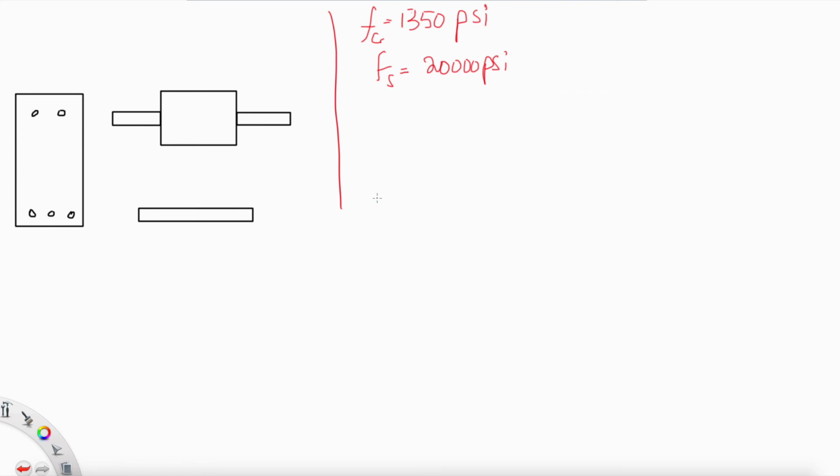Which one governs? If I have these two stresses in the concrete and in steel, and I want to design something, do I design based on the stresses in steel or based on the stresses in concrete? So from here we have to calculate the moment.